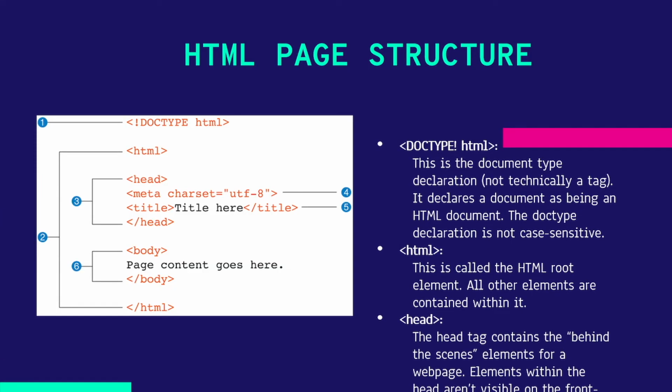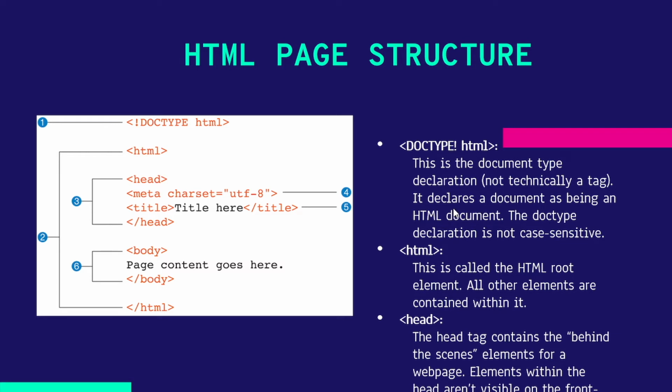So you can see this example of HTML page structure. On the left side there is a good example of HTML basic structure. We will be writing this in the next video practically. This doctype which you are seeing at the top is the first element you have to write, which tells the browser that it is a type of HTML page.